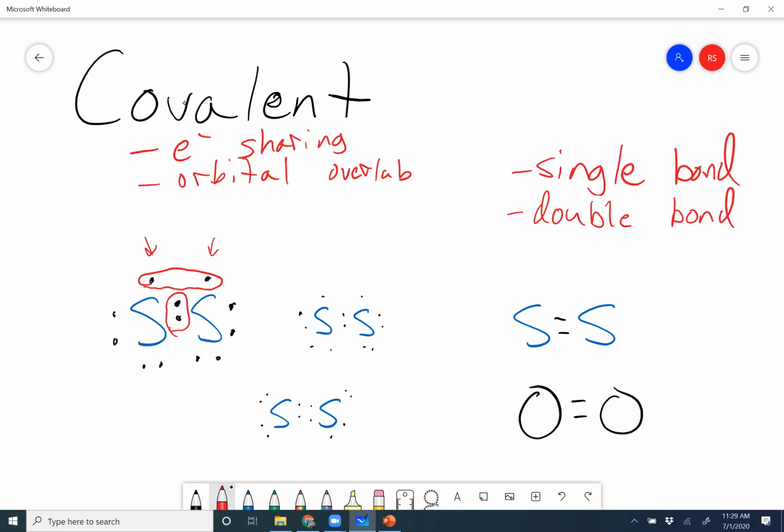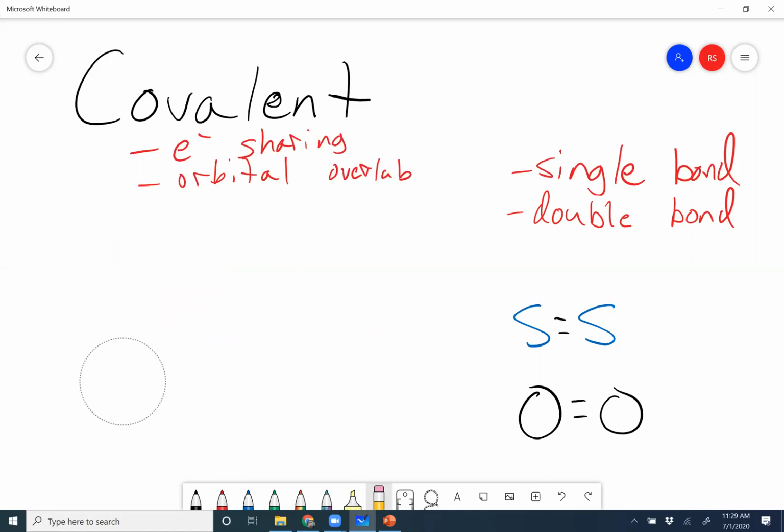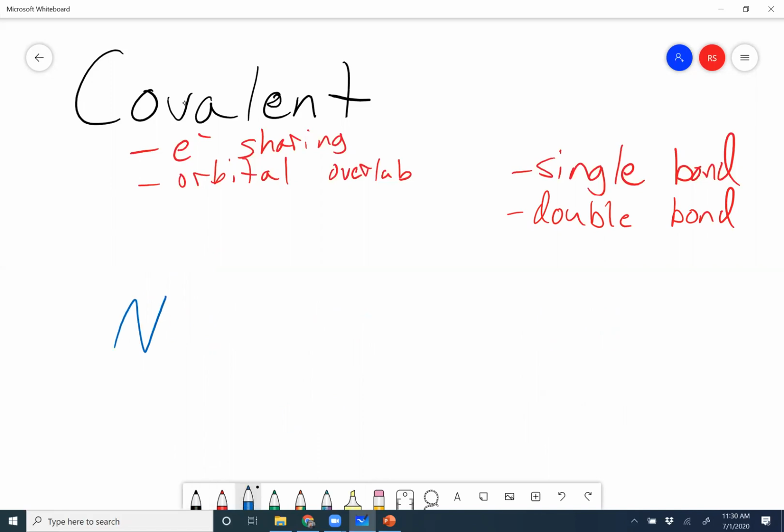And so if there's single, if there's double, then you're probably wondering, hey, is there triple? And the answer is yeah, there's triple. The things that can do triple bonds are things like the carbon group and the nitrogen group. So let's go ahead and do nitrogen. Nitrogen has 5 valence electrons. So 1, 2, 3, 4, 5.